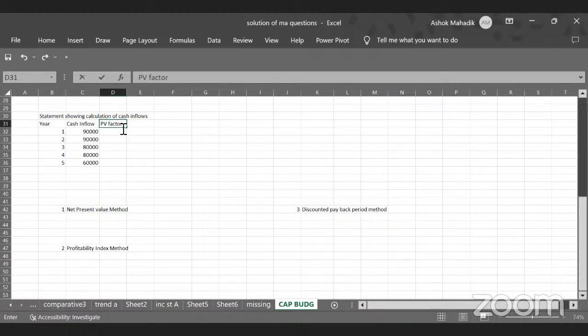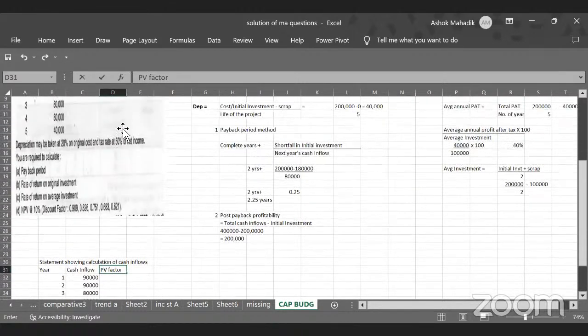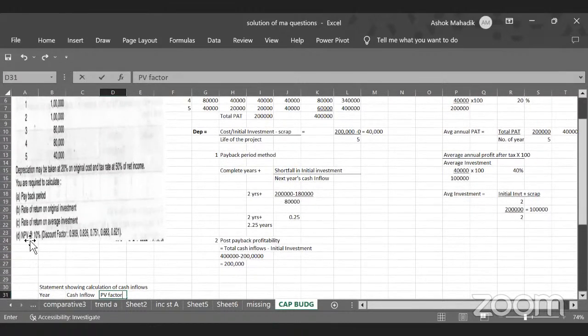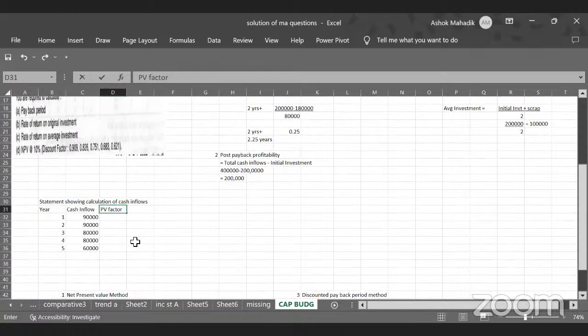For this, they will provide you the rate of interest. If we go to the question, see at the end, in D adjustment they have given NPV at 10% discounting factor. Clear? So the rate of interest will be given in the sum. So the rate of 10%. The PV factor they have already provided, so you can use the same if given in the sum.